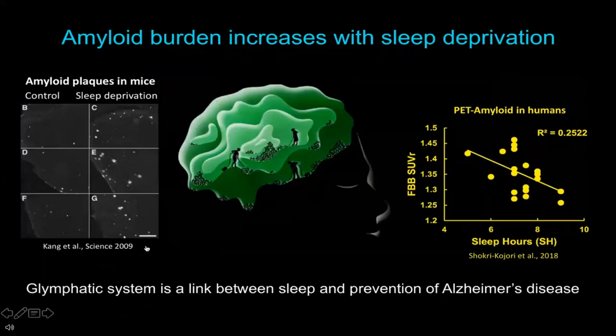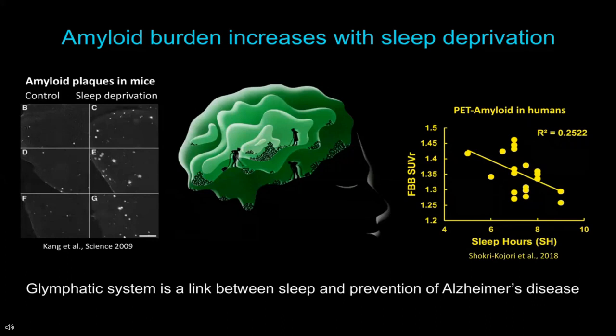There are some very interesting links between sleep and neurodegeneration that the glymphatic system might be able to explain. It was known from previous studies that sleep deprivation in Alzheimer's mice causes exacerbation of the plaque load in these mice.